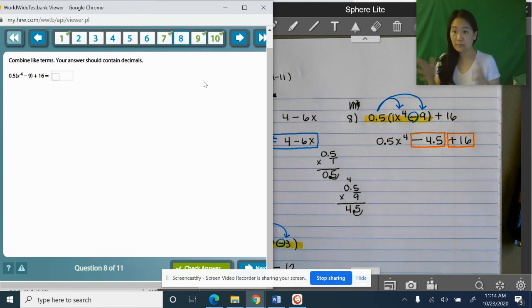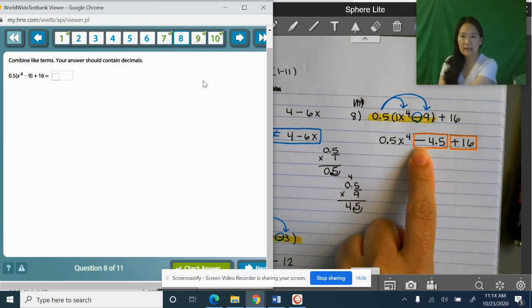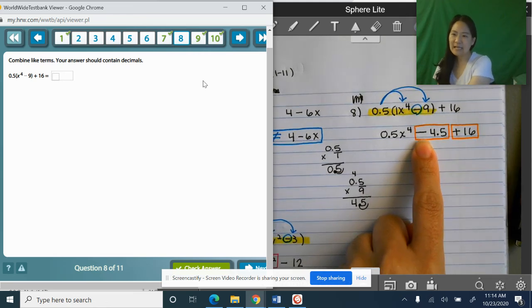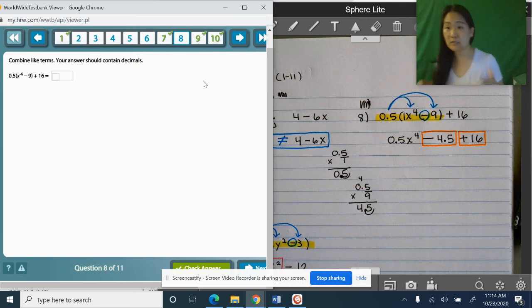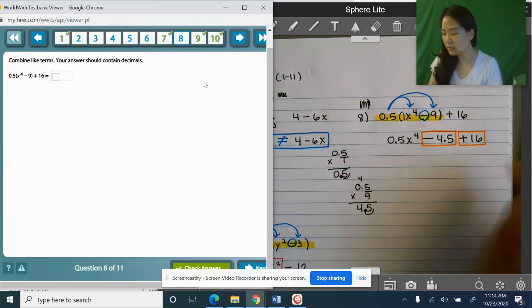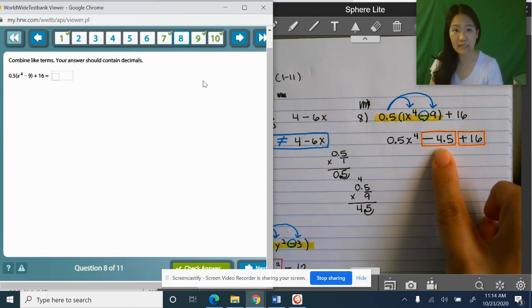I need to combine them, but because this has a minus sign, it's actually a negative, but I'm going to just keep it at 6th grade level. Remember how I had just mentioned the commutative property, you can switch the order. So what I'm going to do is 16 minus 4 and 5/10.